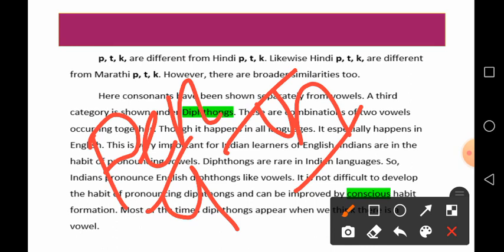So in English, p, t and k are different from Hindi.